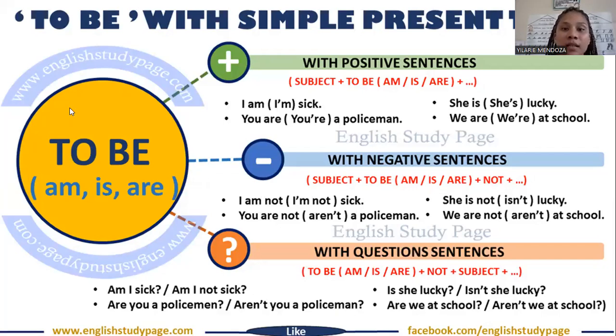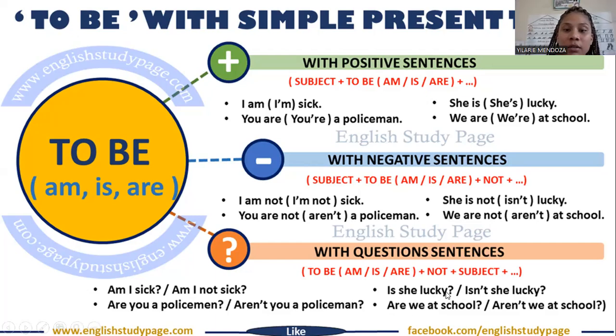In the affirmative sentence: I am sick, you are a policeman. In the negative, you use the subject plus to be plus not: I am not sick. You are not a policeman.